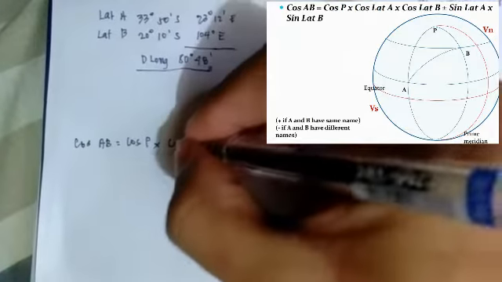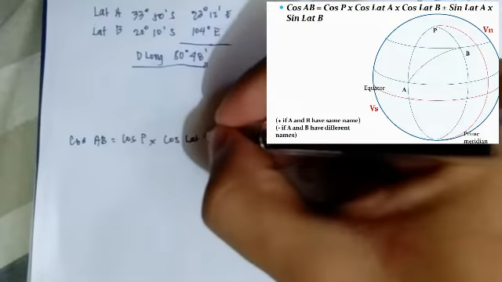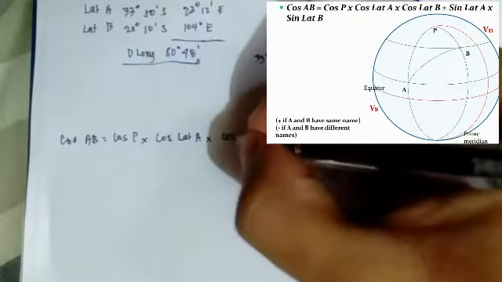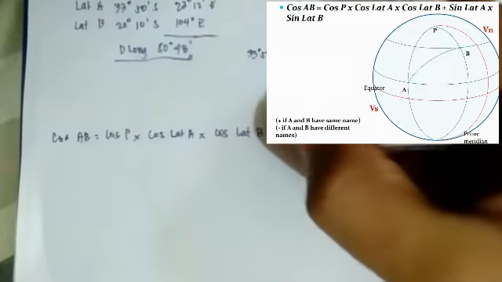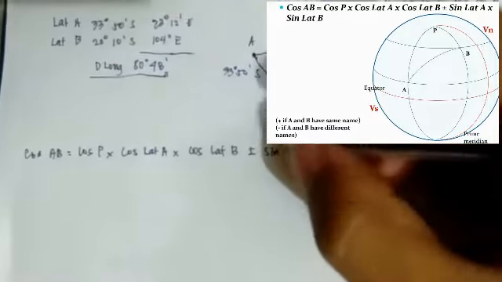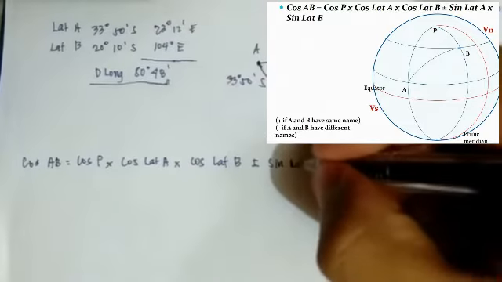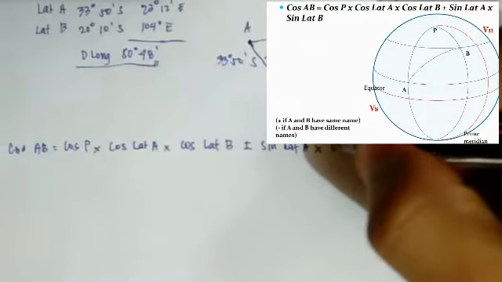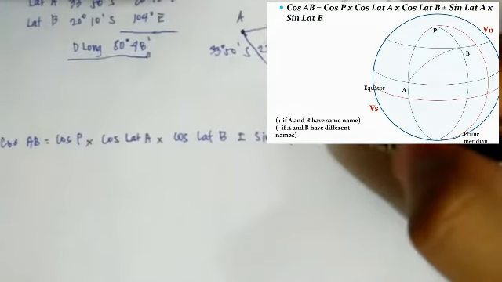So it states here that cos AB is equal to cos d long, multiplied by cos latitude A, times cos latitude B, plus or minus sine latitude A times sine latitude B. So we have our formula.